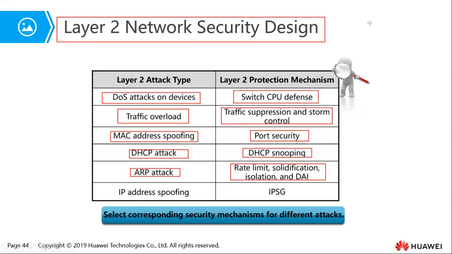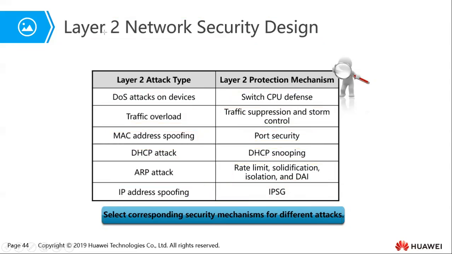And IP spoofing is dealt with by IP source guard as a mechanism for taking care of such attacks. So you need to select a corresponding security mechanism for the different attacks. This is also done during the logical network design.